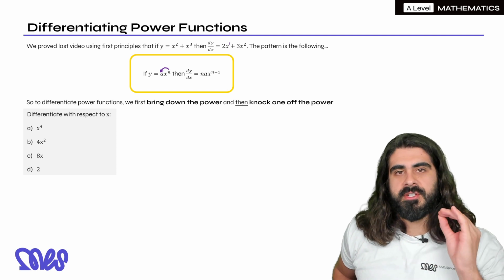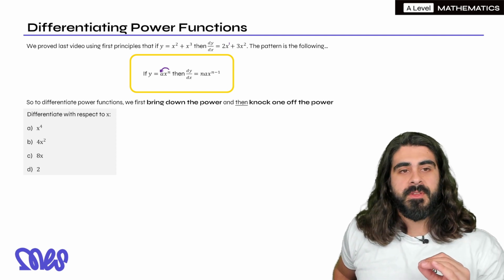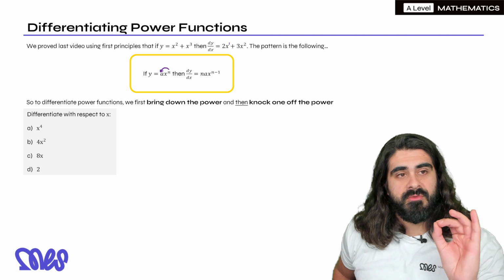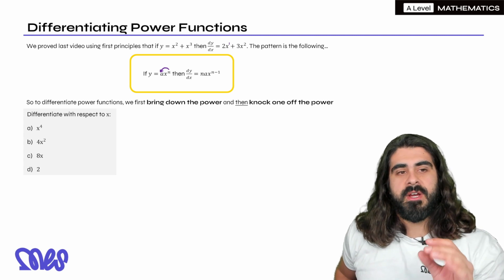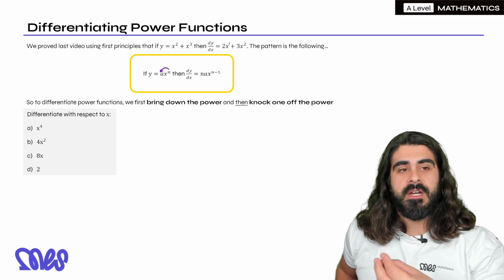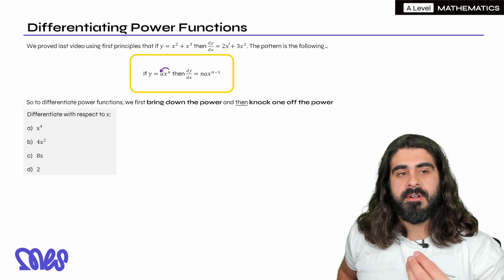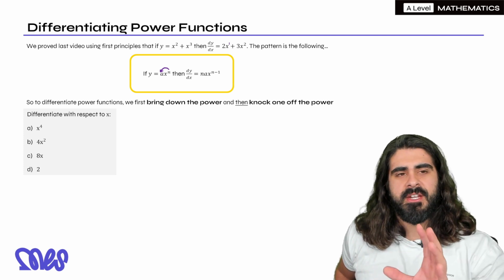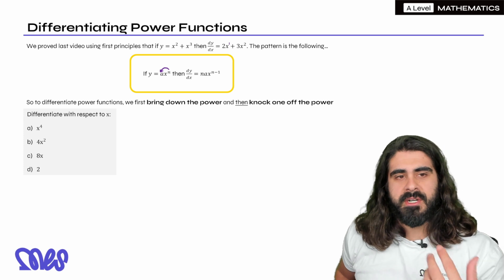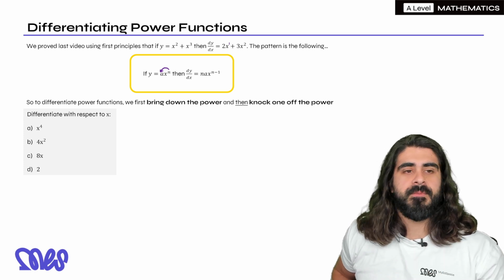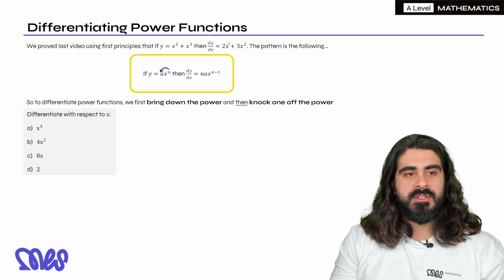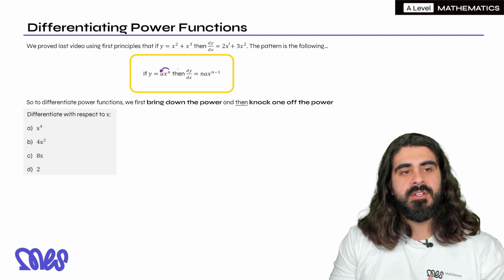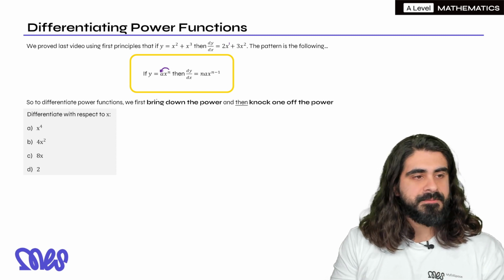So chain rule is just a process of differentiation. It's specific right now to power functions where the process of chain rule brings down the power, knock 1 off the power. But I don't want you to have that misconception that chain rule is only bring down power, knock 1 off the power, because it's not. So specific to power functions, the chain rule is to bring down the power, knock 1 off the power.